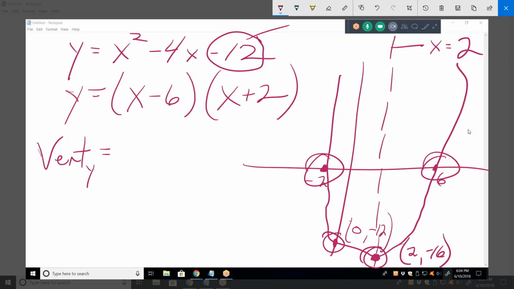It's always the constant. So, if they needed a fifth point, we can figure out that that point right there is symmetrical with this point, just an equal distance on the other side of that line of symmetry. Okay. All right. What else you got?